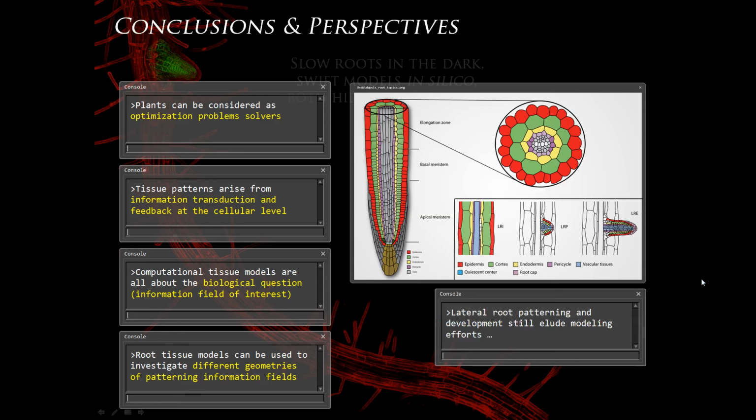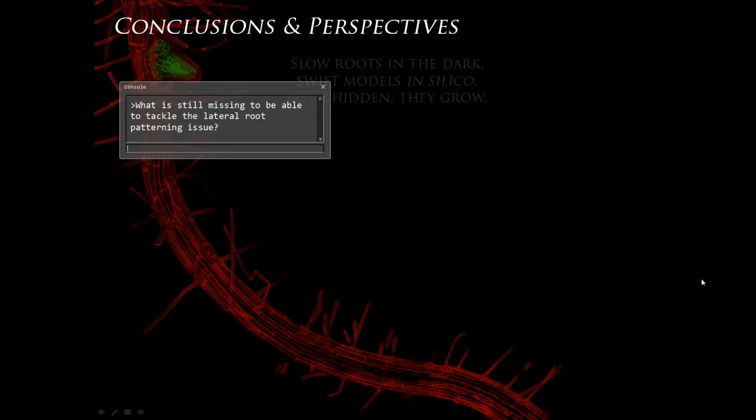So I guess it's no mystery that I would base my perspective on these last points and try to answer the question: what is still missing to be able to tackle this lateral patterning issue?